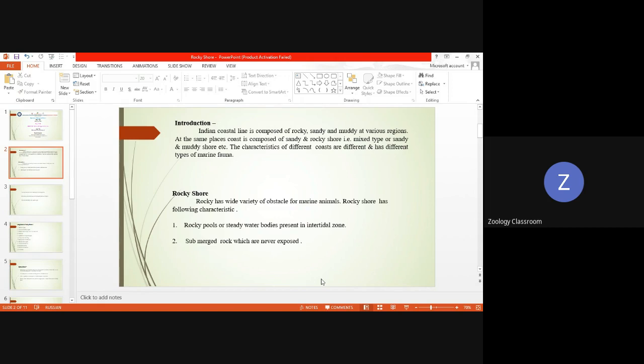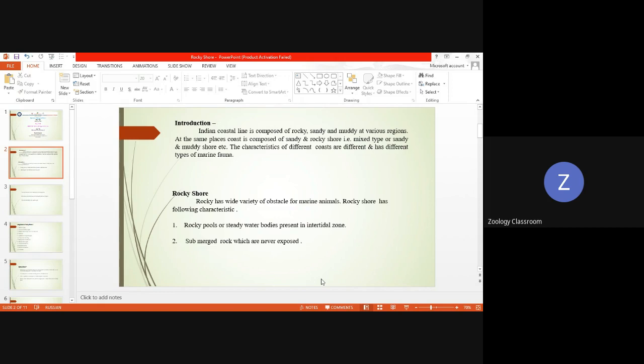sessile or fixed, sedentary animals such as Mytilus, pearl oysters, patella, Cypraea, which we call कवडी, that is Cypraea. The marine sponges like Scypha, Branchia are very common.